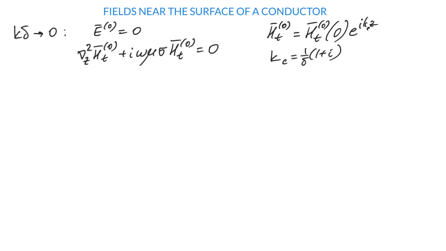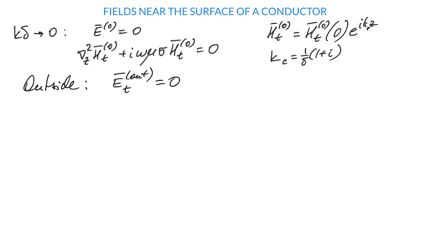Because the electric field inside the conductor should be 0 in this limit, then outside of the metal, right next to the surface, the E tangential on the outside should vanish. The tangential component of the electric field is continuous at the surface, so it's 0 inside, should be 0 outside.